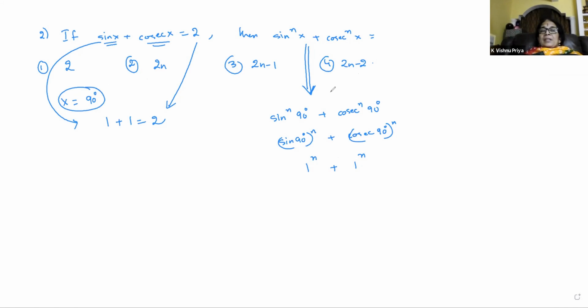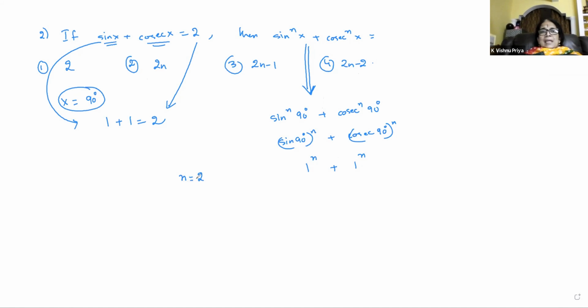But because the answer is given in terms of n, we have to take a value of n. You can take n as 1, you can take n as 2, 3, 4, whatever it is.